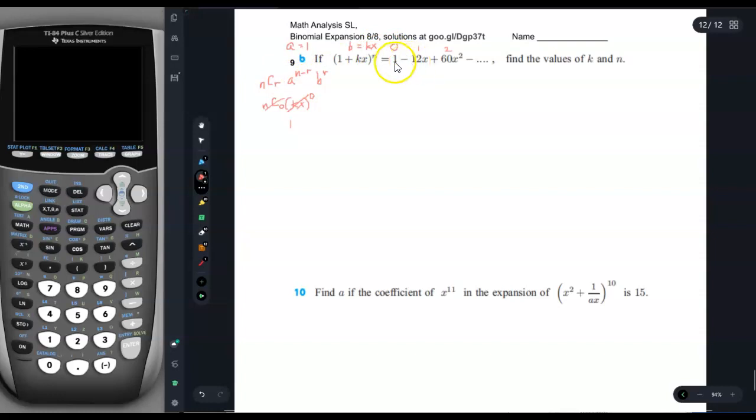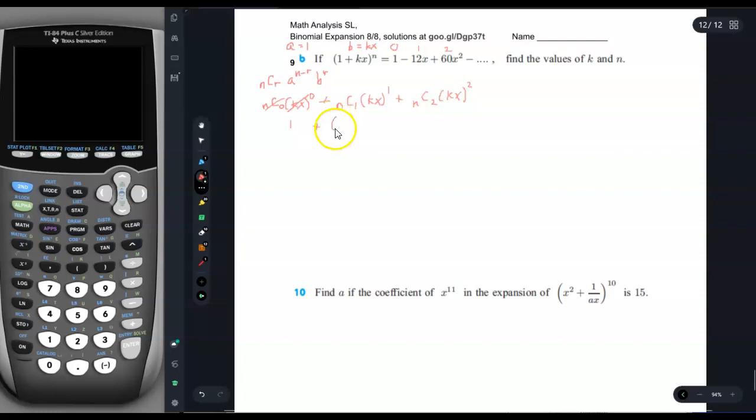Now let's do the second one. The second one would be n choose 1, and then it would be the a. We don't need to put the a expression because it's 1, and then we just put the b, which is kx to the 1, right? And then finally, we're going to do the third term. The third term is n choose 2, and then the kx is to the second power. Okay, now let's expand this out a little bit.